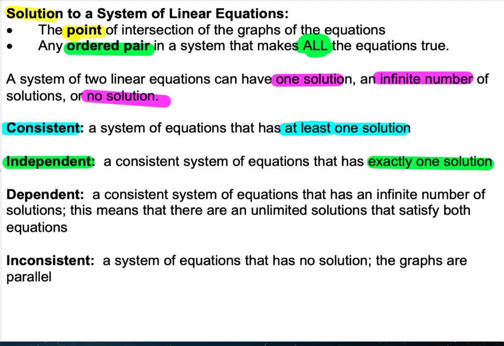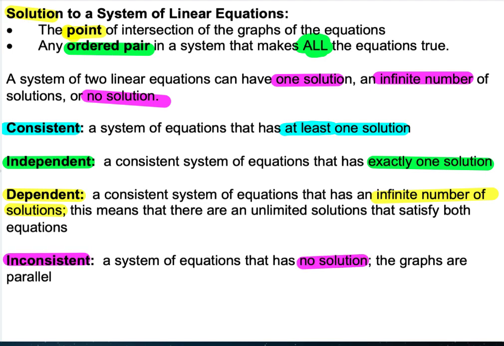So consistent could have one or more. Independent is specifically one solution. A dependent system has an infinite number of solutions. So there is an unlimited number of ordered pairs of coordinates that could make this system be true. And then inconsistent is one that has no solutions.